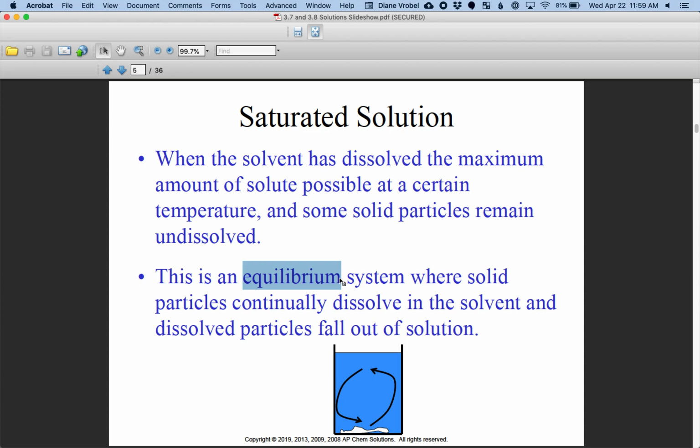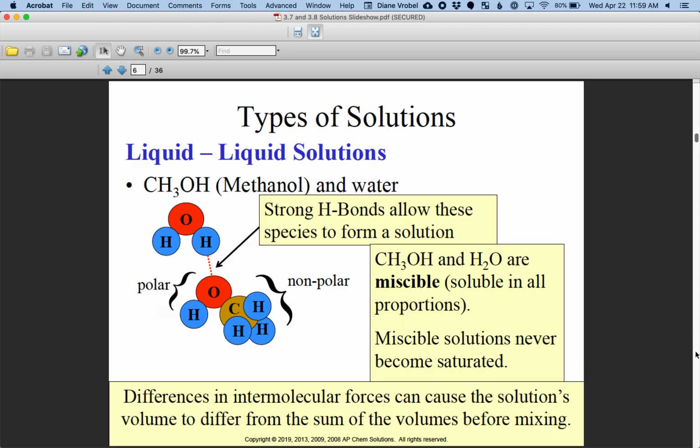And with Ksp, please remember we talked about sparingly soluble salts, so you were always going to have some kind of solid at the bottom. All we cared about was the fact that some of the ions did dissolve in water. And you potentially will see that in an equilibrium problem.